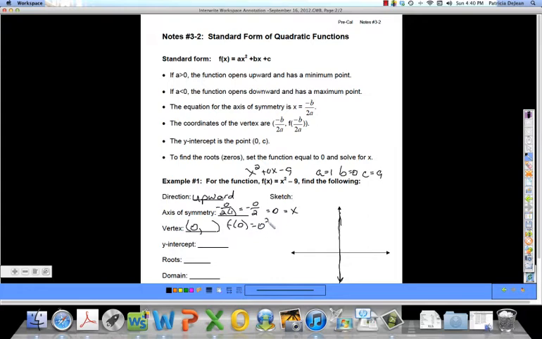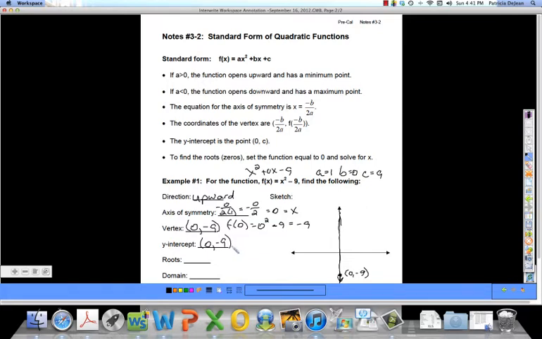So it's 0 squared minus 9, or just negative 9. So (0, negative 9) is the vertex, which would be down here. The y-intercept is where it crosses the y-axis, or (0, c), which in this case is also the vertex.